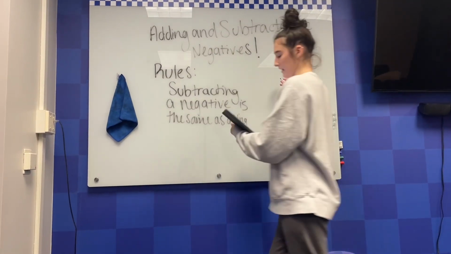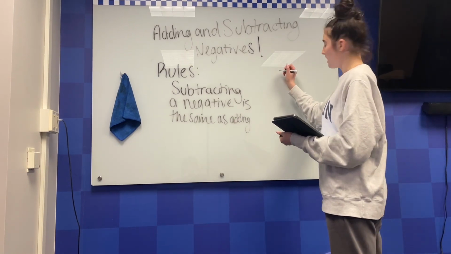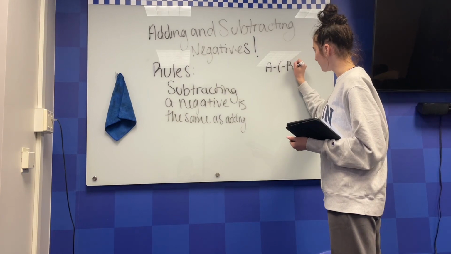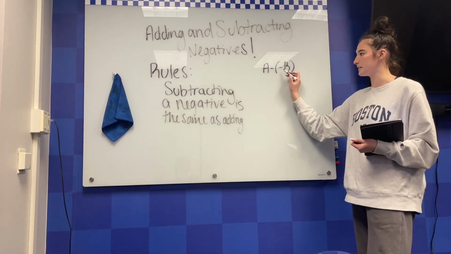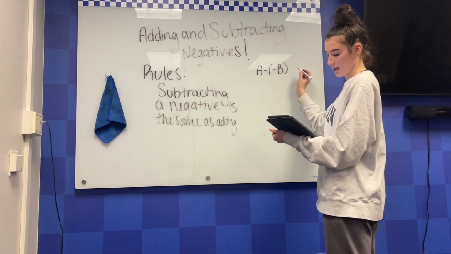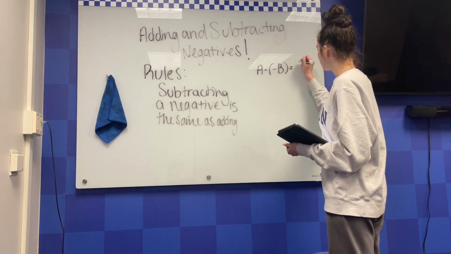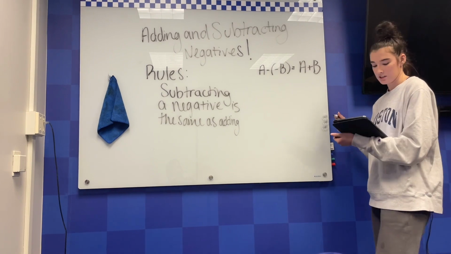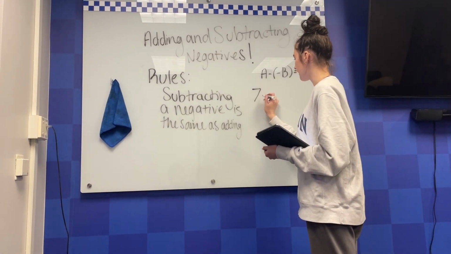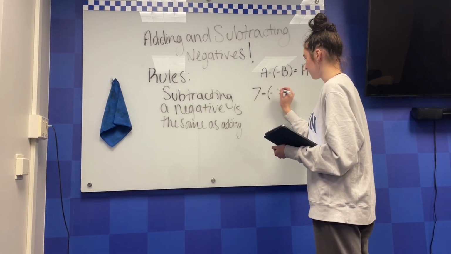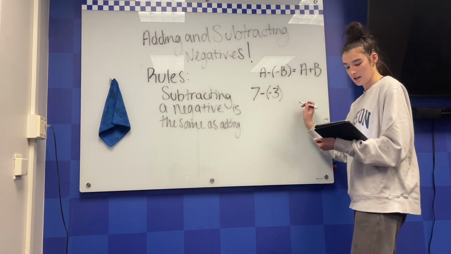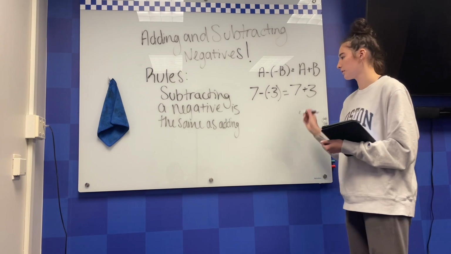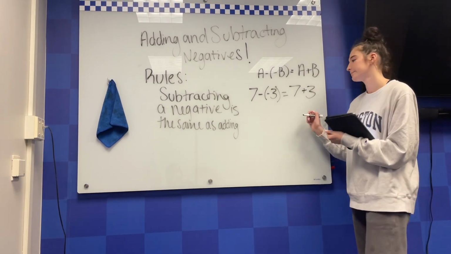So examples of this would be a minus (-b), I put the negative in parentheses so that we remember that it's still there, is equal to a plus b. So an example of this would be 7 minus (-3) equals 7 plus 3. So what does that equal? 10.